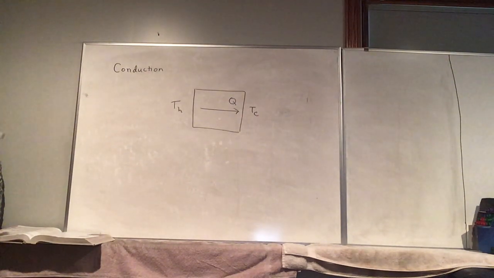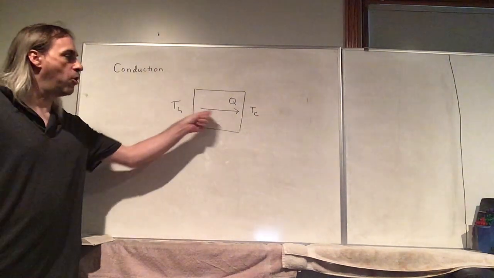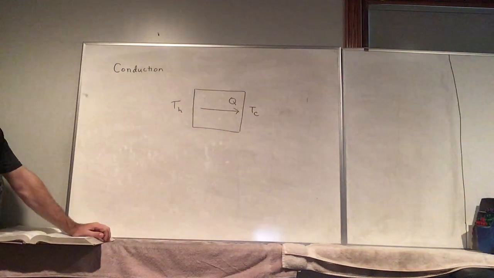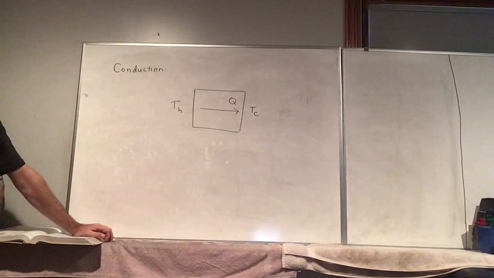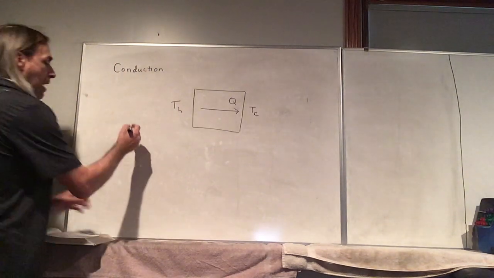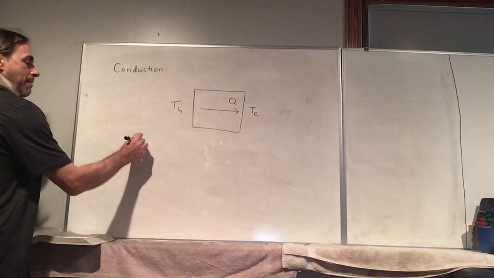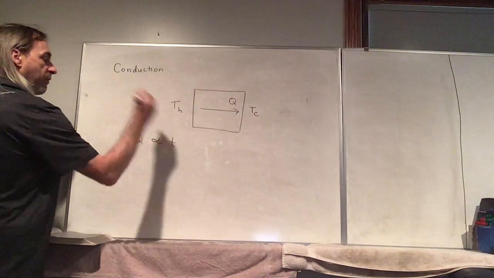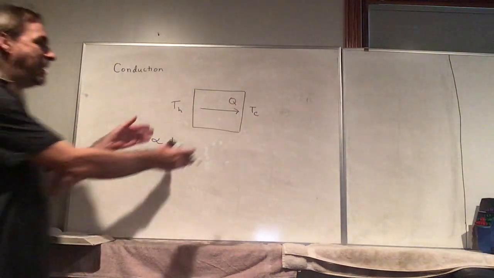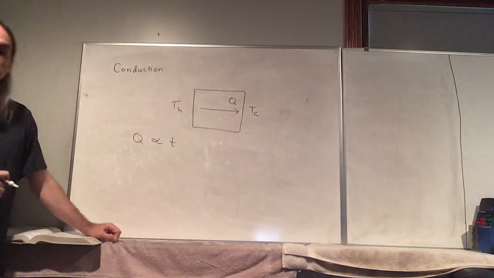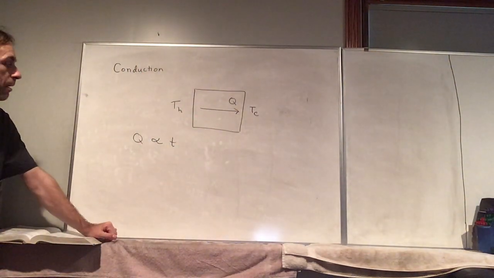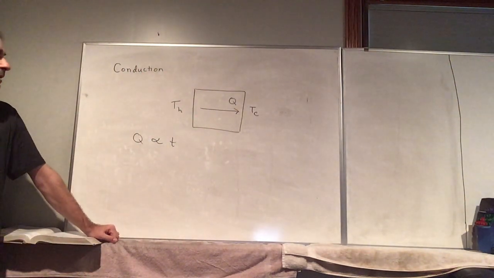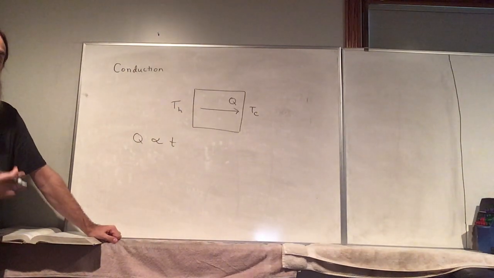But we want to know how much heat is going to flow from one end to the other. What factors are going to determine this? I'm going to write it down. The amount of heat that flows, if we maintain these two temperatures so nothing is changing here, is going to be proportional to time.